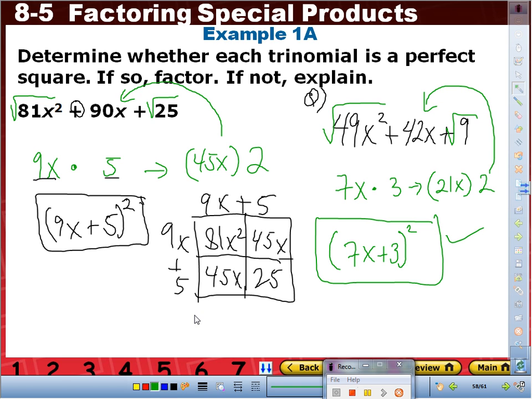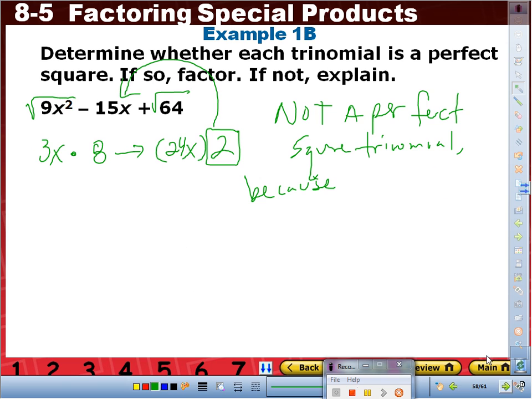So let me ask you this. This is 45 times 2. How many times do you see 45 in this area? Twice. That's why it's 45 times 2. Everybody with me? So therefore, everybody look up.